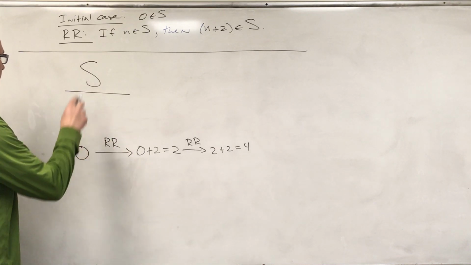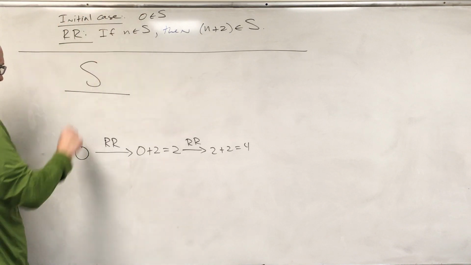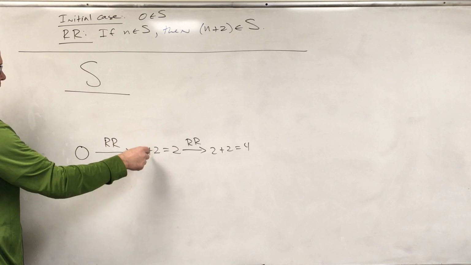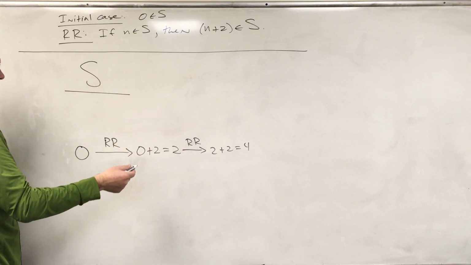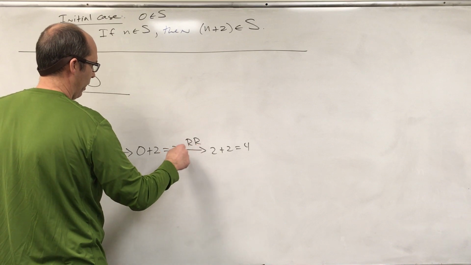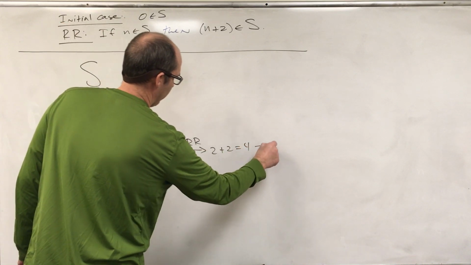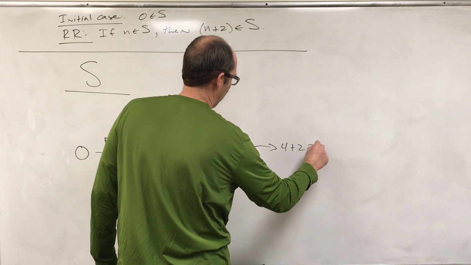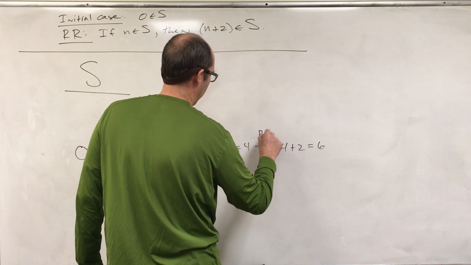All right, so the initial case gives us 0. We apply the recursive rule once, and we get 0 plus 2 is in there. Apply the recursive rule again, we get that 2 plus 2 is in there. Apply the recursive rule again, we get that 4 plus 2, or 6 is in there.